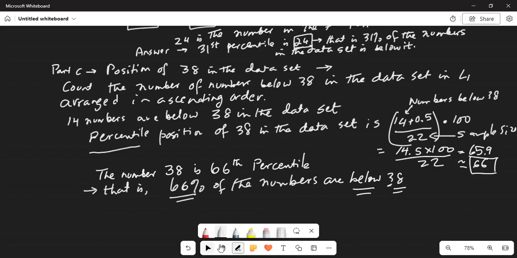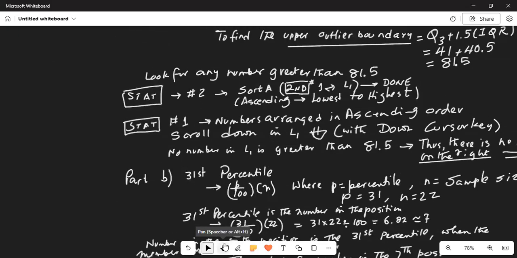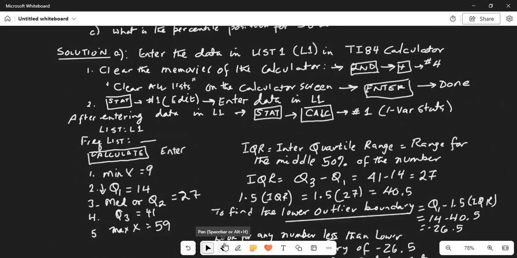As I said, I will give you some important tips. Let's start from the top. First, we entered the data in L1 and looked for the 5-number summary, which is min x, Q1, Q2, Q3, and max x.